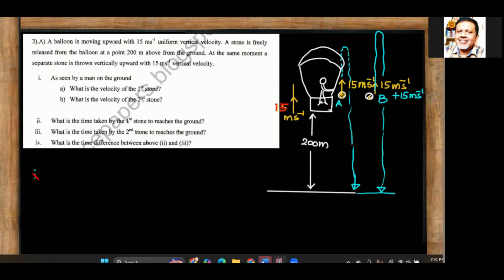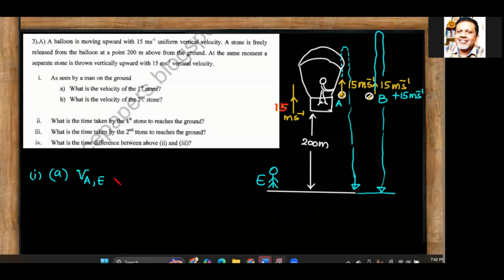Right. So question number one, part A, what is the velocity of the first stone? So we can denote the velocity of A with relative velocity notation. Velocity of A relative to the ground. If a person is here at the ground, we can denote him as capital E.